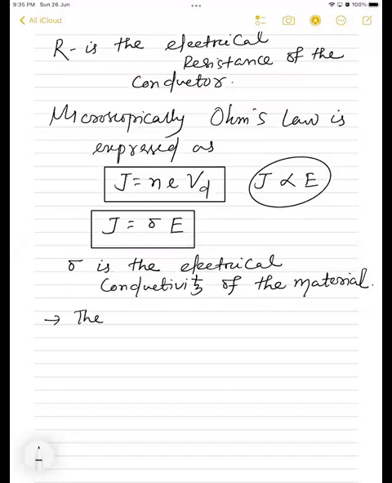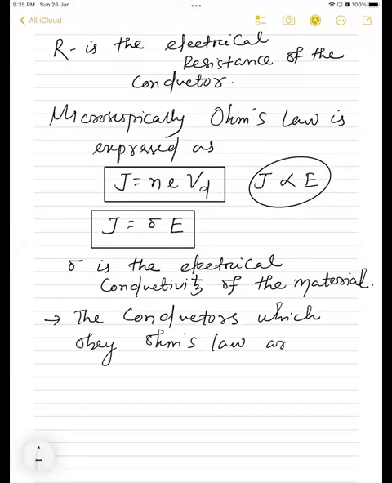The conductors which obey Ohm's law are called ohmic conductors, right? Example, all metals.